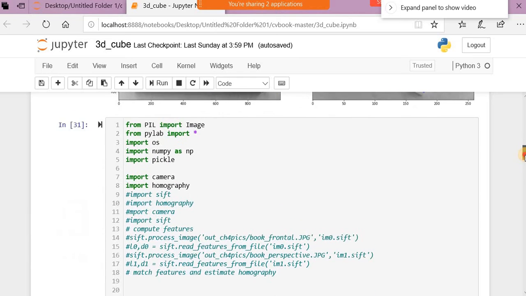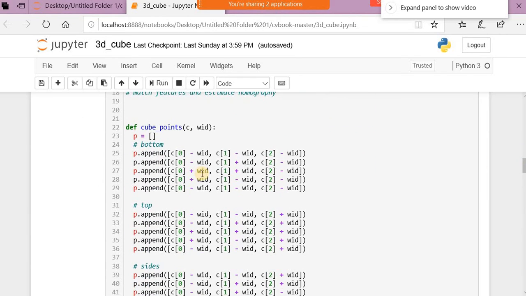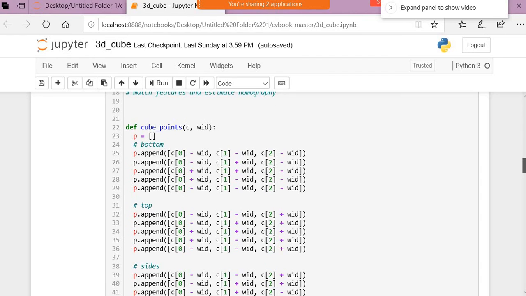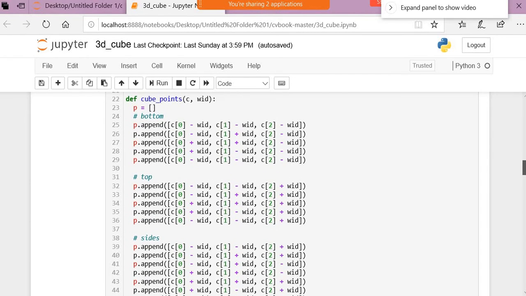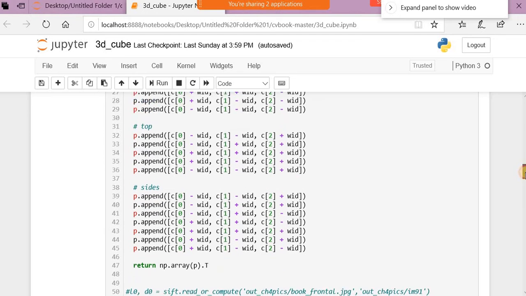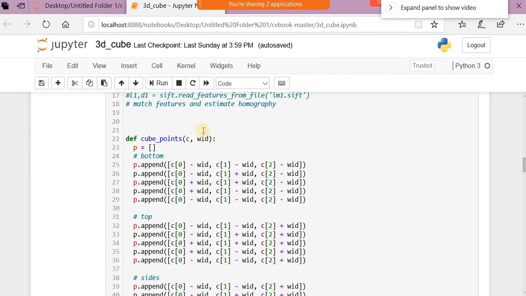After that I have to apply the homography. बट फर्स्ट आप इसको बाद में भी कर सकते हो, क्यू पॉइंट्स जो हम अलाइन करने वाले हैं बुक के ऊपर, पर मैंने उसका फंक्शन यहीं पे बना लिया है. सो डैट इज़ द क्यू पॉइंट्स बिकॉज वी आर टॉकिंग अबाउट द 3D कोऑर्डिनेट सिस्टम. सो दैट्स वाई बॉटम, टॉप एंड साइड्स के लिए मैंने ये फंक्शन रन कराया है. सो उसका जो कोऑर्डिनेट्स हैं, जो कि मैं अपने मेन फंक्शन से दूंगी नीचे, वो मैं आपको बताती हूँ, दिखाती हूँ अभी.